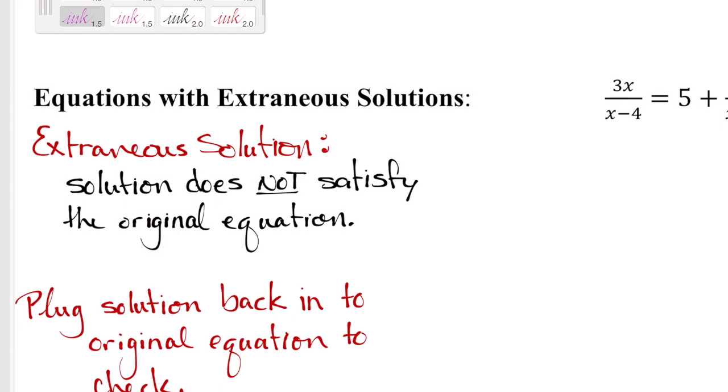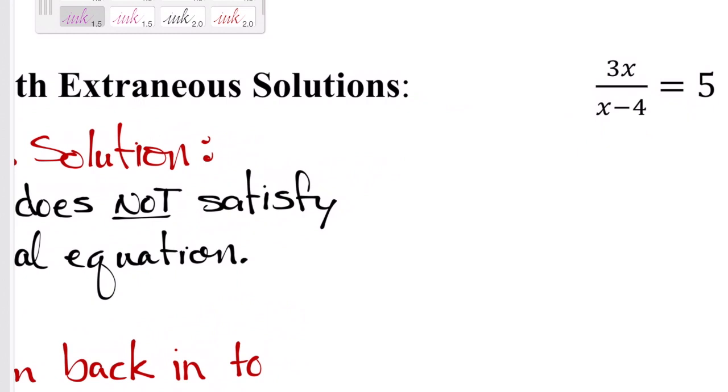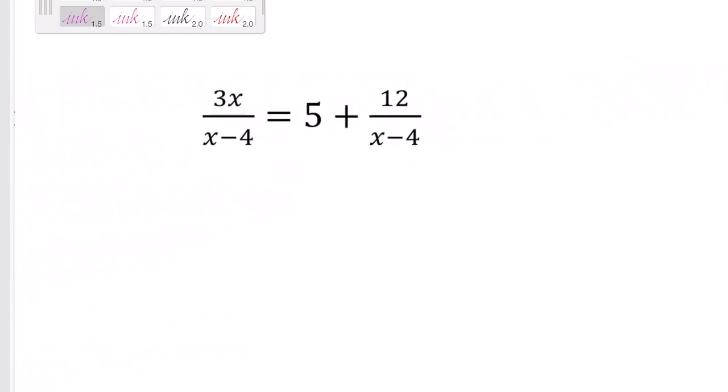We also have to be careful if we end up with a 0 in the denominator when we plug stuff in. So most of the time when I start to check my work by plugging stuff back in, I start with the denominator and I plug things into the denominator to see if it would make it 0. If it doesn't, then I continue to solve out the whole thing to make sure that I didn't make a mistake or that my solution isn't extraneous.